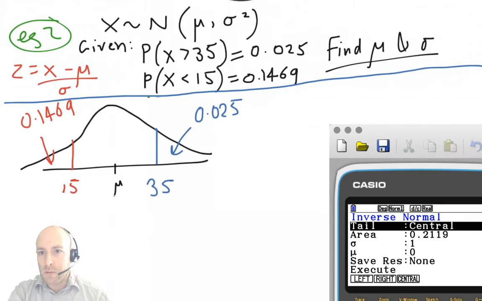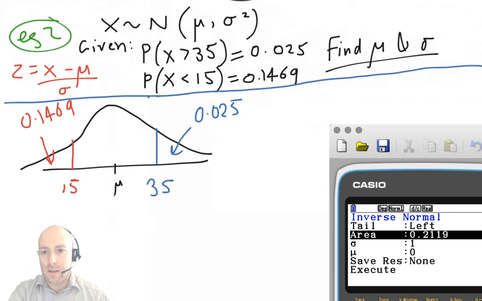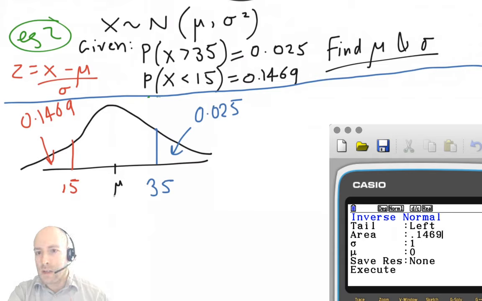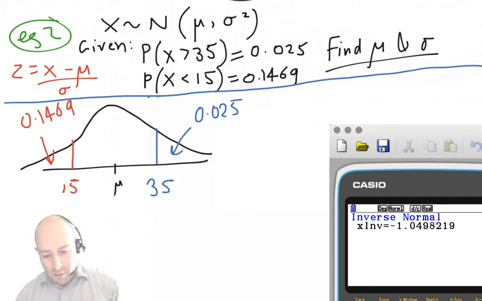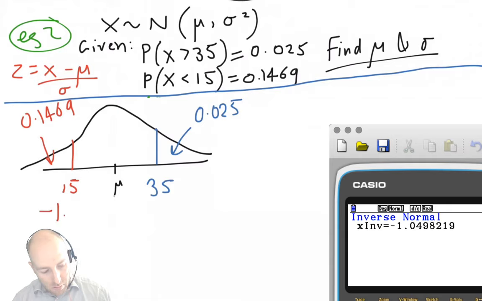So if I go back to 15 for the left hand side, and we get the Z value that corresponds to our 15. Part of it done.